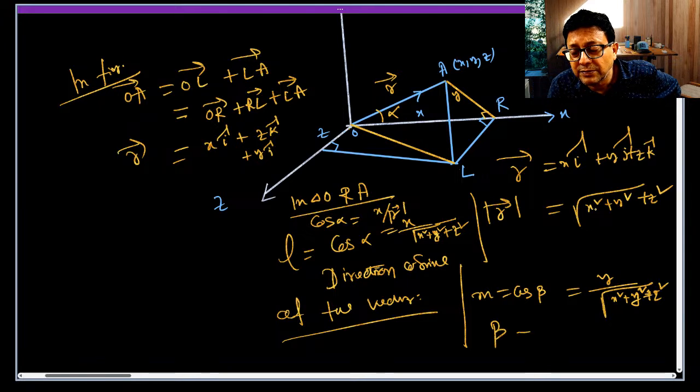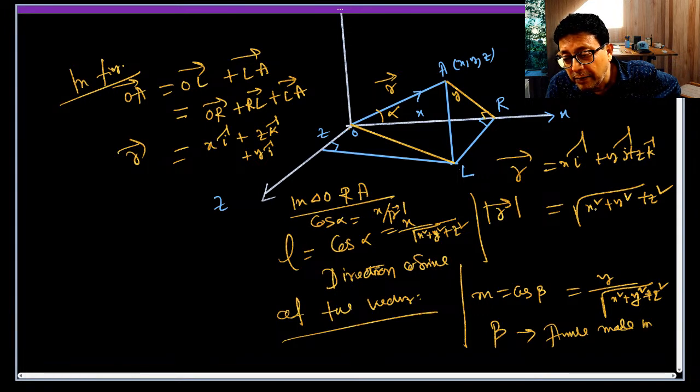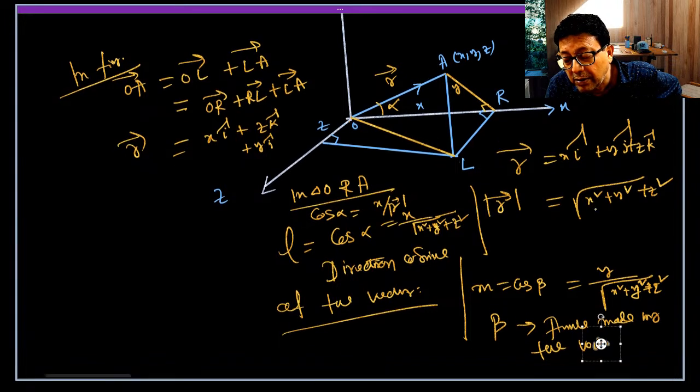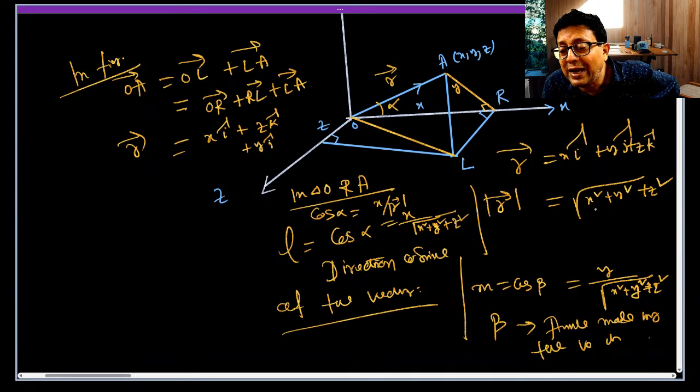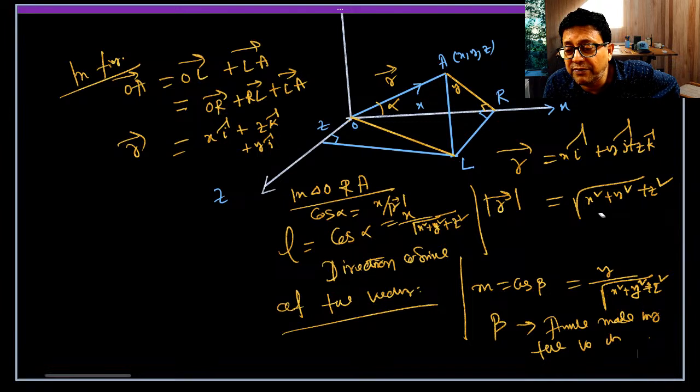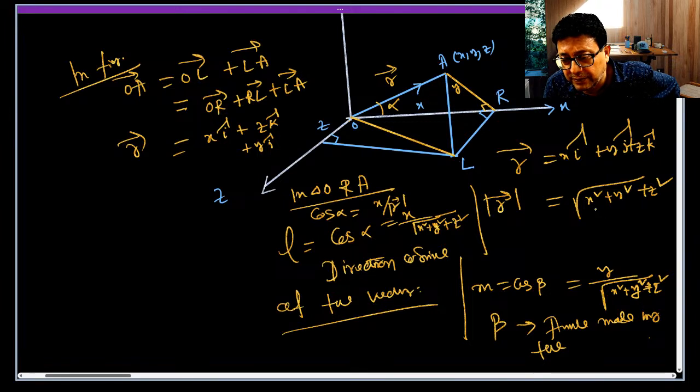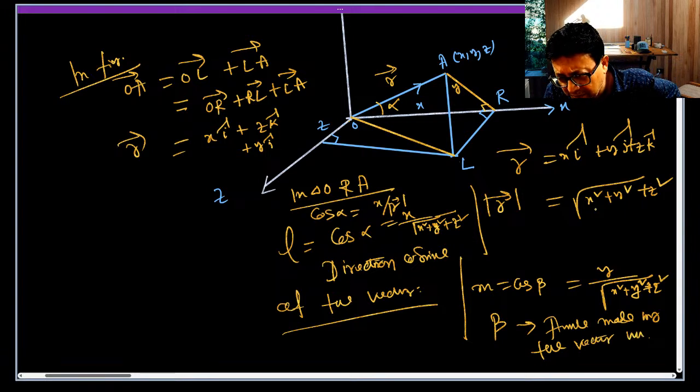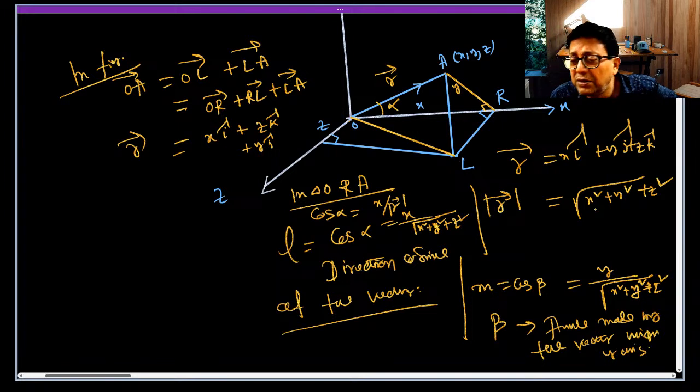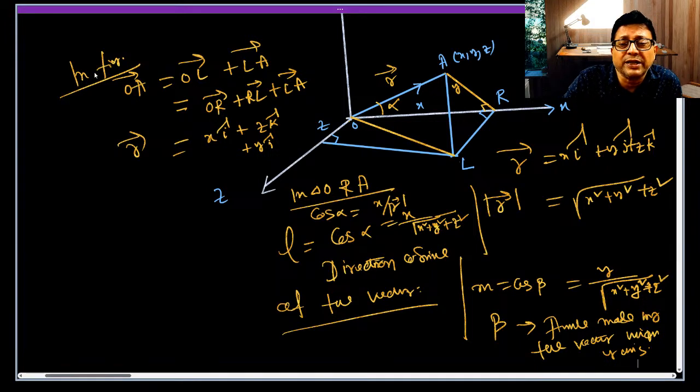Beta is the angle made by the vector with the y-axis. This is cos beta, called a direction cosine.